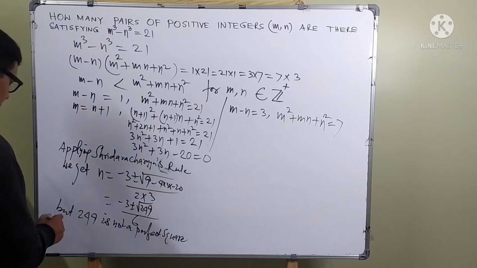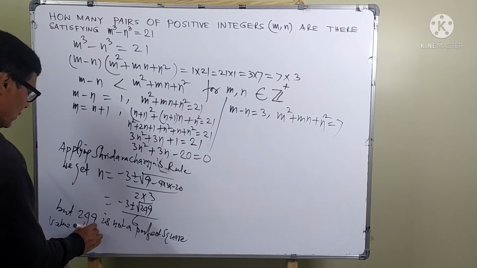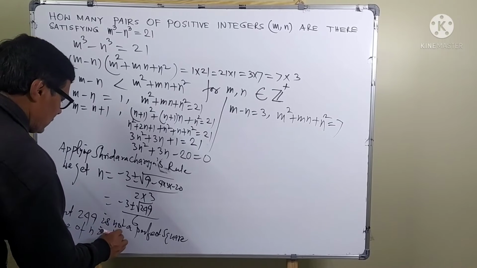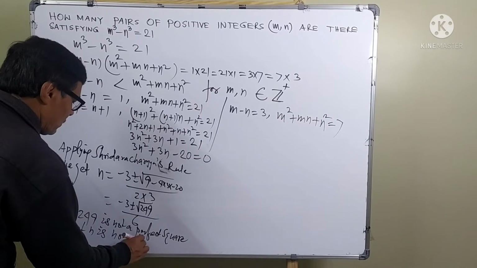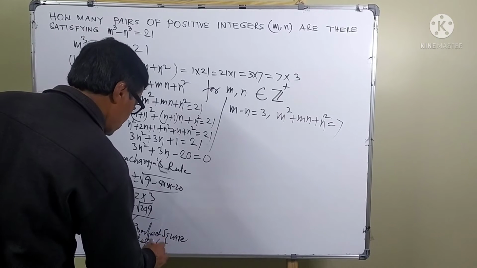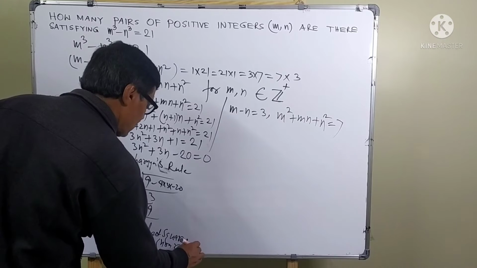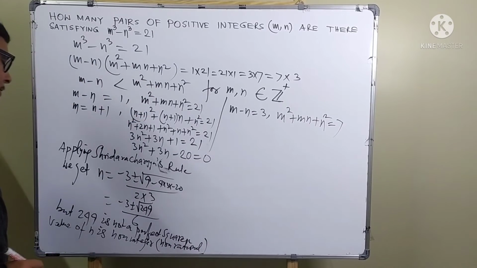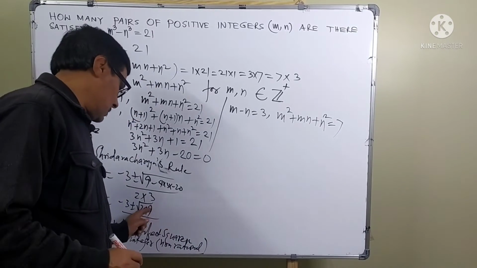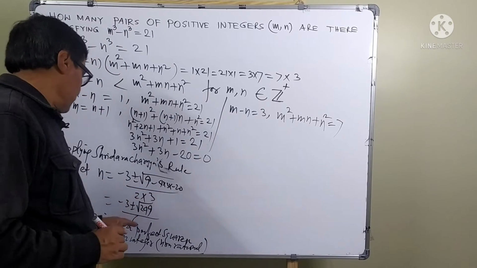So, here the value of n is non-integer, and obviously non-rational, because 249 is not a perfect square.